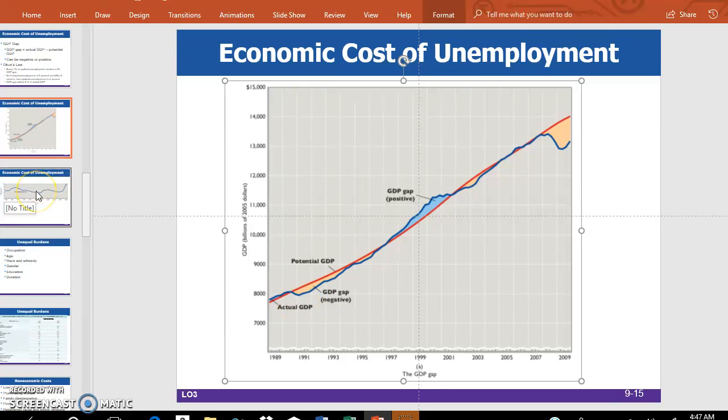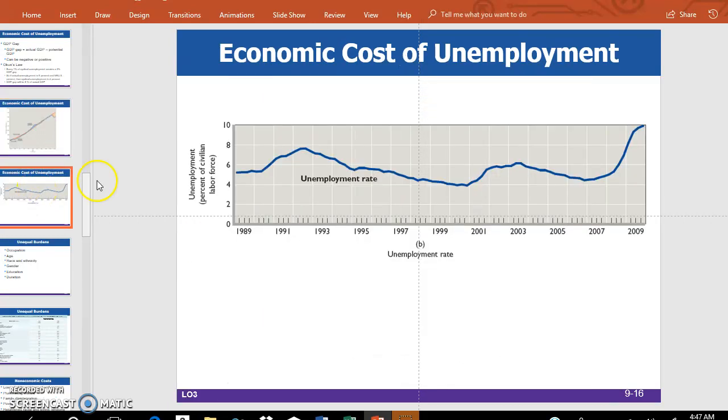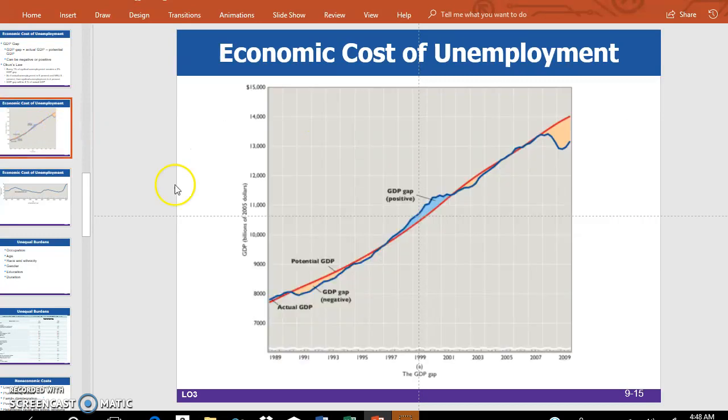Also, let us look at 1991, 1992. Here again, unemployment is high, and beginning in 1992, the unemployment rate is almost 8%, right? So look at 1992, look at the negative GDP gaps.